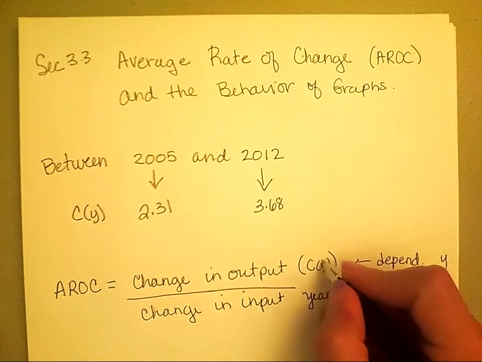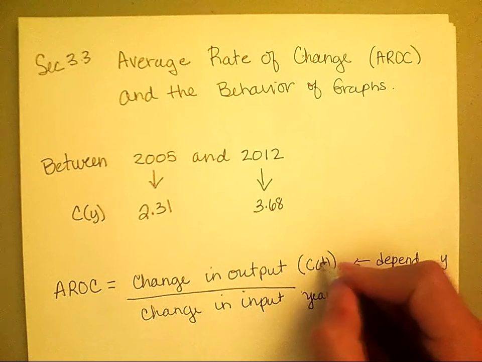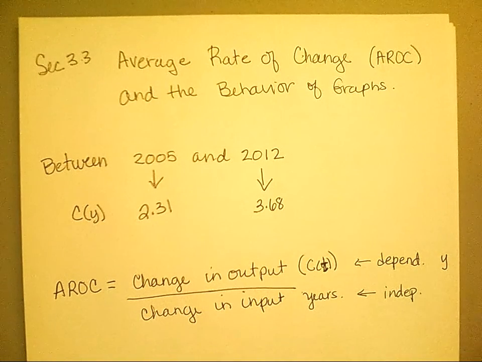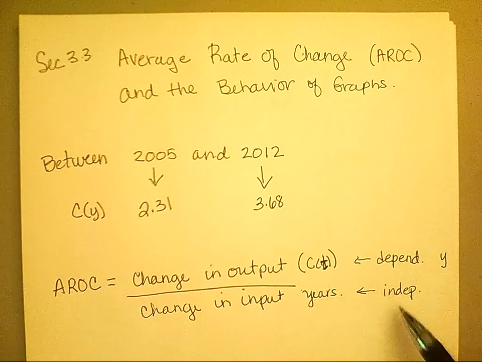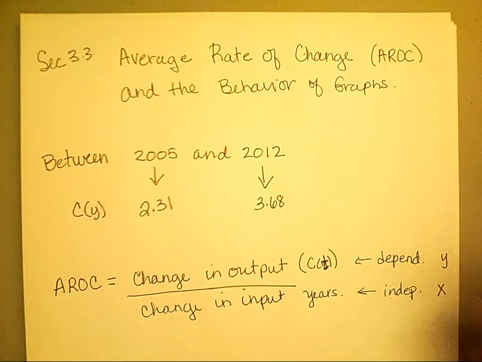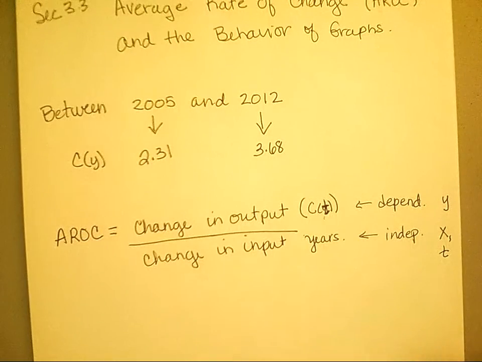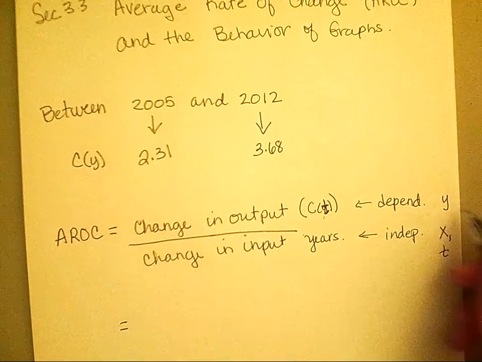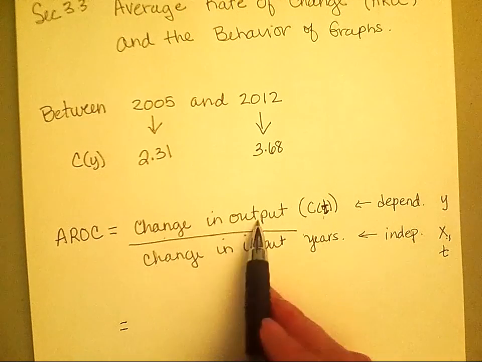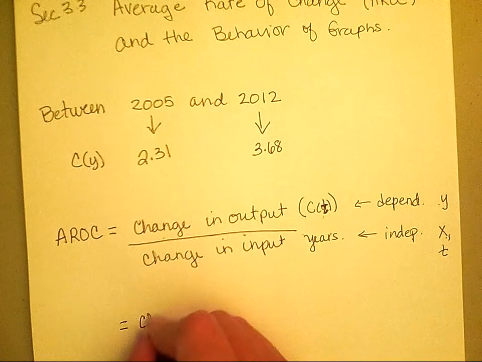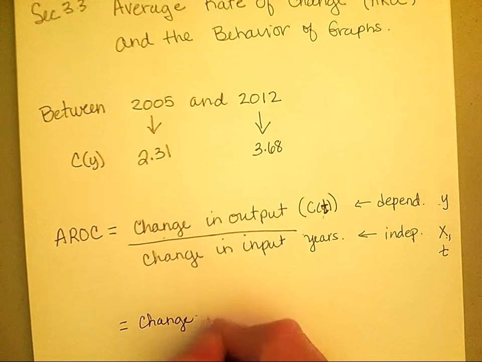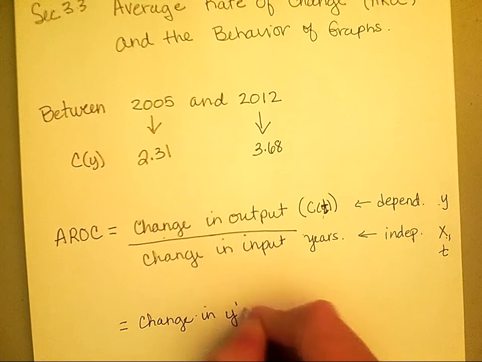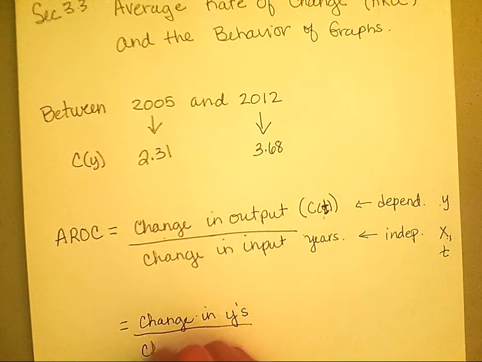I prefer that we call it t, so we don't get ourselves confused. And then the independent variables are usually x's, or t's if you have them. So we'll use the x's and y's as I go through this. So the change in the output is really the change in the y's over the change in the x's.